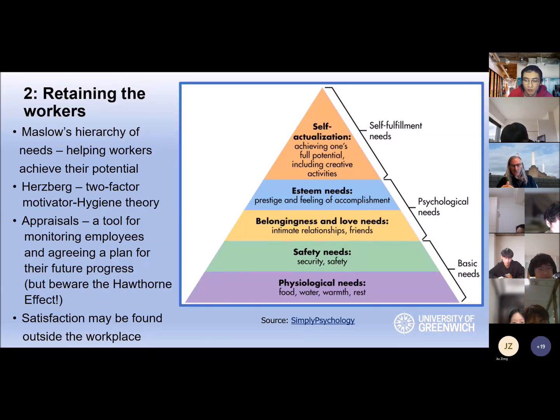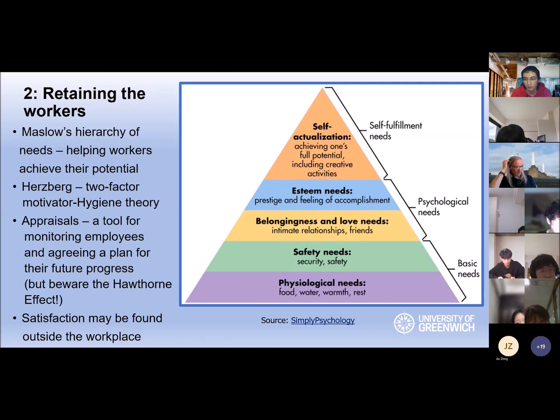Next one after that, once you've dealt with those first two, the workers will look for teamwork, relationships, and then at the top would be their own sense of accomplishment, a feeling of prestige, of status. So those first four you can deal with in the company. The bottom one, the basic need, I would actually put with safety needs personally. I don't see why we would separate those two.